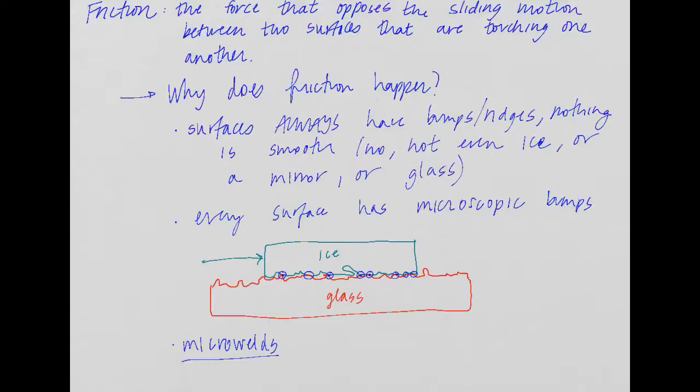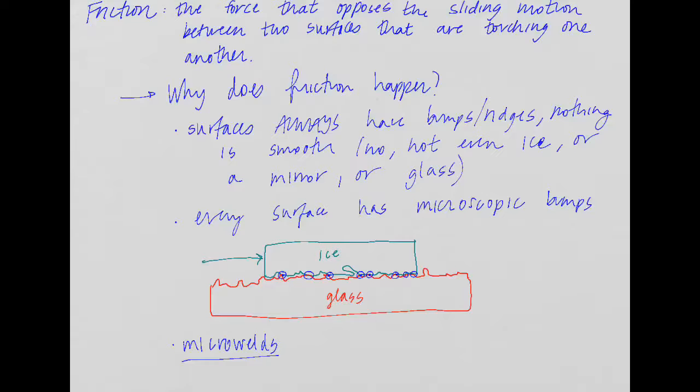Even though they look super smooth, they actually have little tiny bumps on them. When these two slide across one another, these bumps actually push on one another. And remember that push or pull is a force. So we have little tiny forces between these two surfaces. And these little tiny forces are called microwelds.